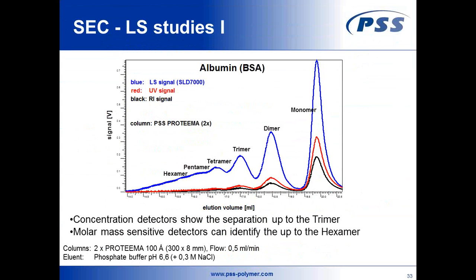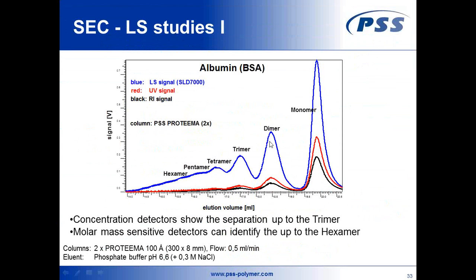Now let's show some light scattering SEC coupling experiments. This sample shows pretty nicely why a light scattering detector is useful additional information to add to an SEC setup, because the concentration signal, given here as the black line, shows the monomer, the dimer, and the trimer, but cannot show you much more of the higher aggregates because of the lack of sensitivity and the low amount of higher aggregates.